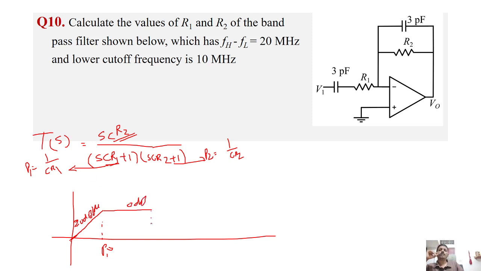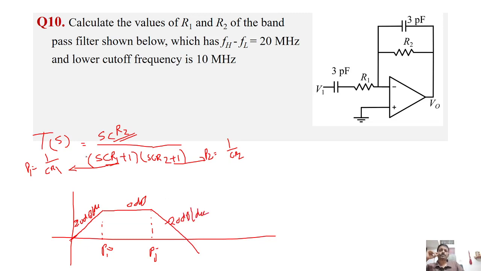At the next pole, say Pj, again P1 or P2, there will be another minus 20 dB, so it creates minus 20 dB per decade. So this is actually a band pass filter.